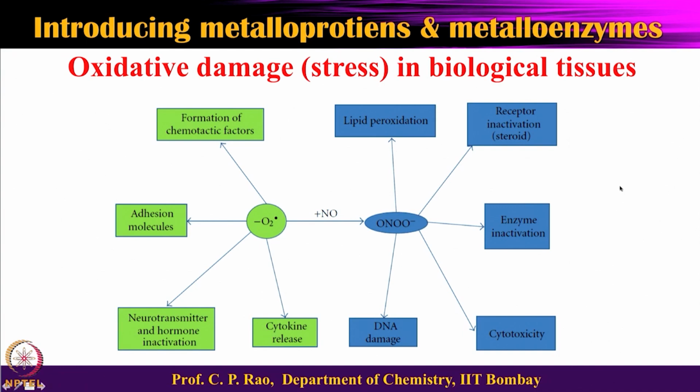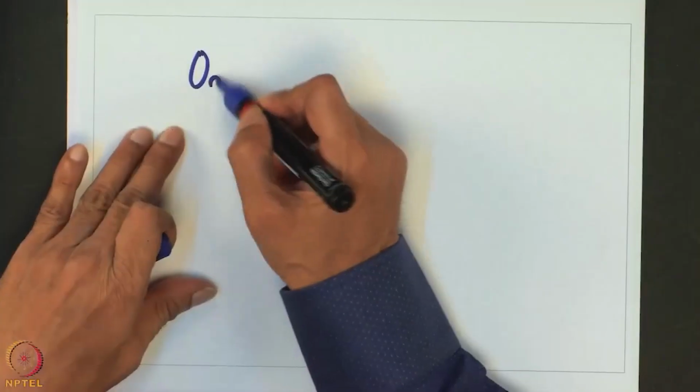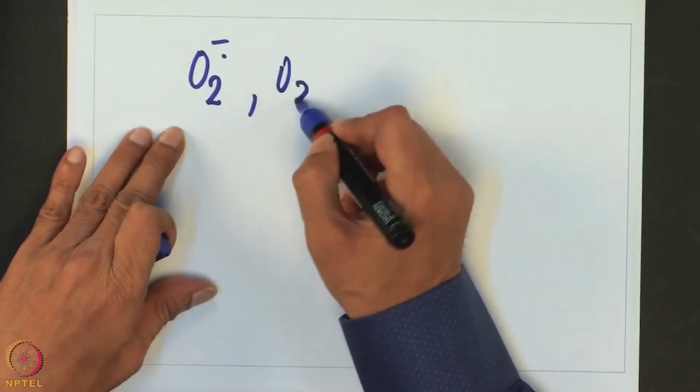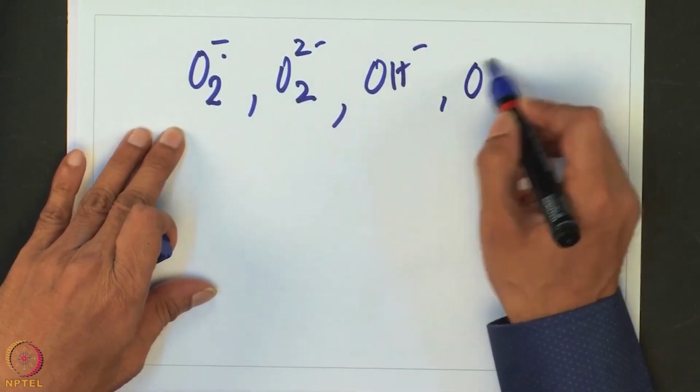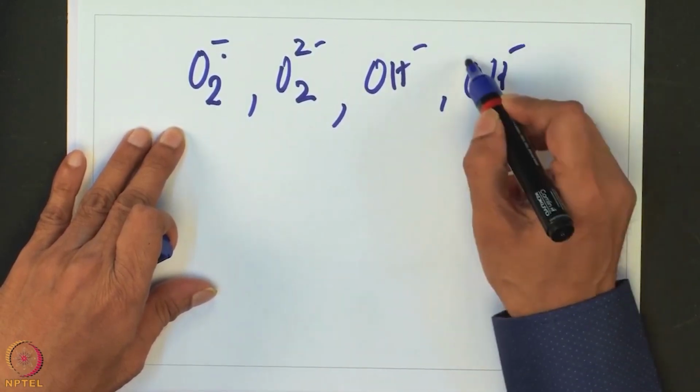So, all this is referred to as reactive oxygen species, most of the time abbreviated as ROS. This reactive oxygen species is an important terminology: O2 minus dot, O2 2 minus, OH minus or OH dot.